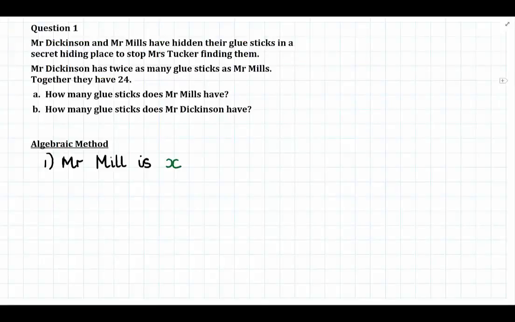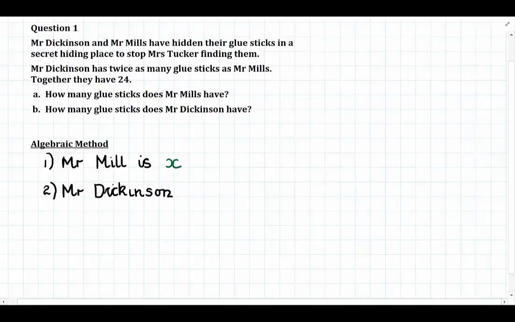The other unknown is Mr. Dickinson. So number 2, Mr. Dickinson. And it says to define him in terms of x.